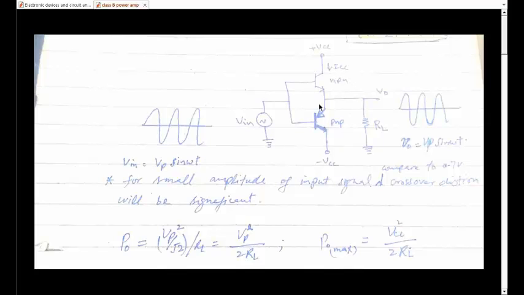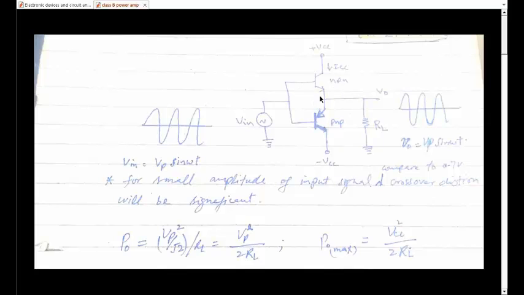These two transistors are required to reproduce the input signal at the output. For a class B amplifier, you are not DC biasing the transistor on the load line.